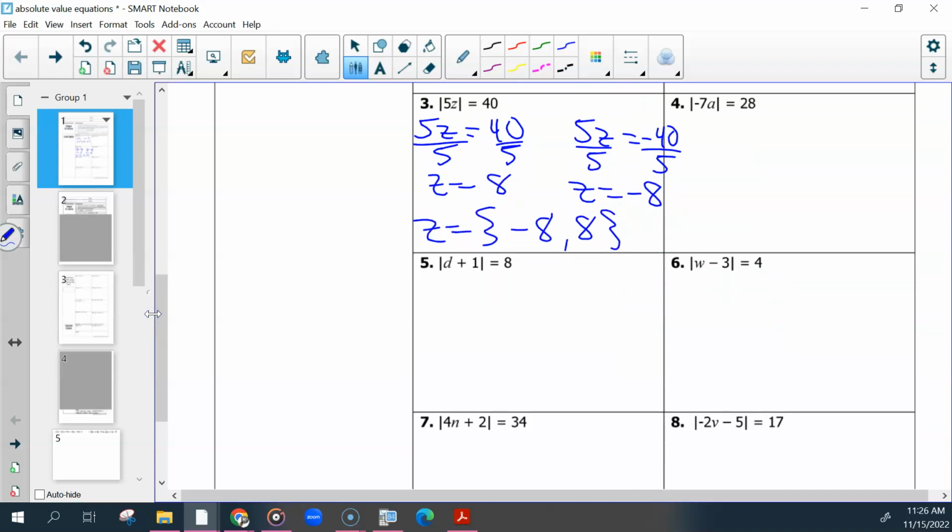Five is the next one we're going to try. Same rules. There's nothing outside of the absolute value bars, so we can set the inside equal to 8 and -8. And how would we solve for D?